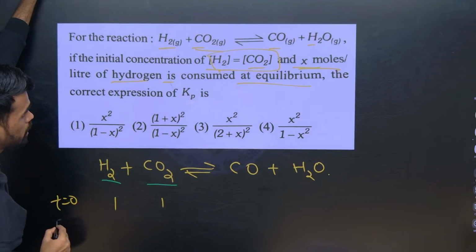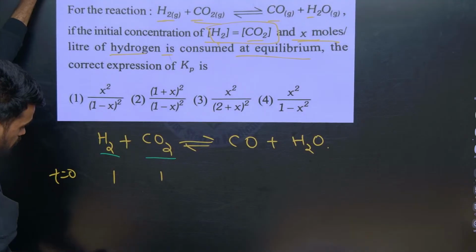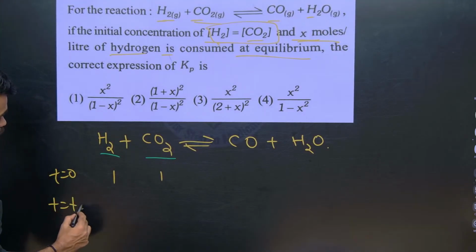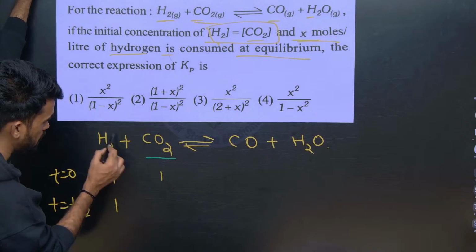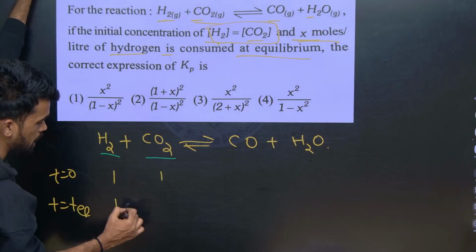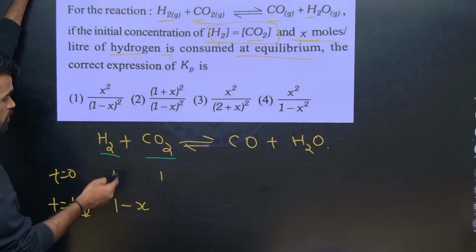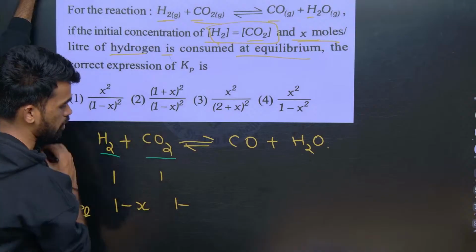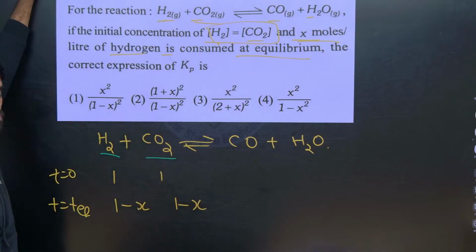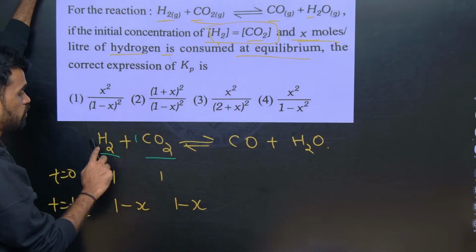So after some time t, equilibrium is attained. So at equilibrium, x moles of it is consumed. It means 1 minus x we should write. If x is consumed from this, the other will also be consumed by x moles, because the coefficients are 1 and 1.